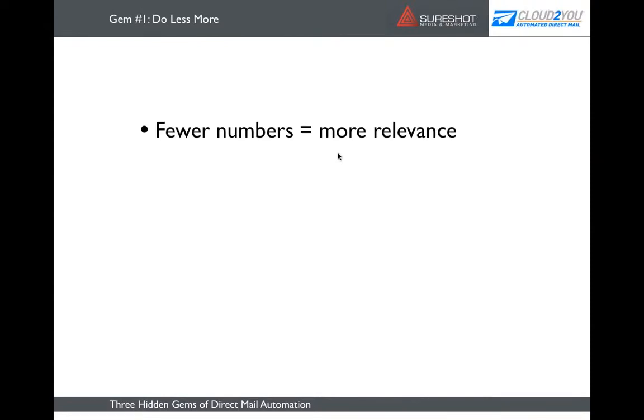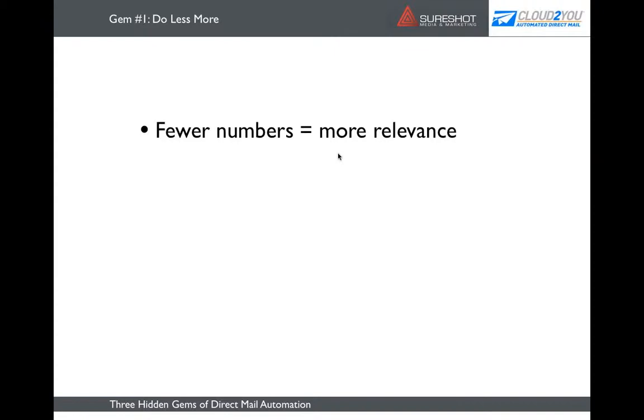One, if you're sending fewer numbers, a smaller batch at any given time, generally that batch is going to be more understood. You're going to understand what's the affinity, what do these people have in common, what's the segment that we have placed these people into, and therefore the creative doesn't have to be so generic, and the message, because I'm reaching out to so many people, I can now make much more relevant and much more specific.